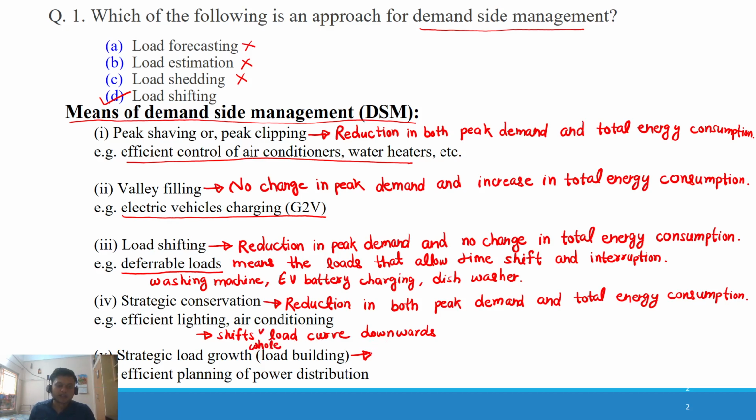And for strategic load growth, there is an increase in both peak demand and total energy consumption.